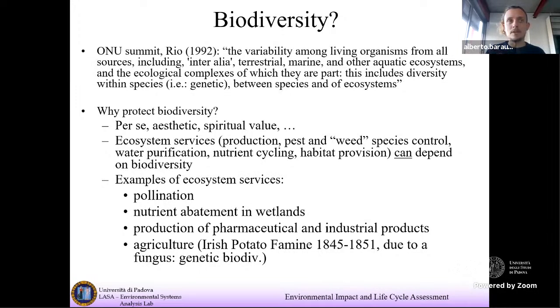So if they had more genetic variability, they would have had some plants more resistant to the fungus and they could have made it more easily, but all the plants died, so people were starving and they just left the country, okay? And this is an example of the concrete importance for human welfare of genetic biodiversity.